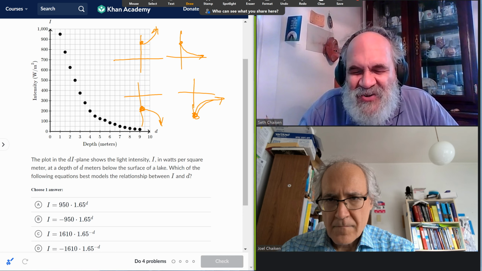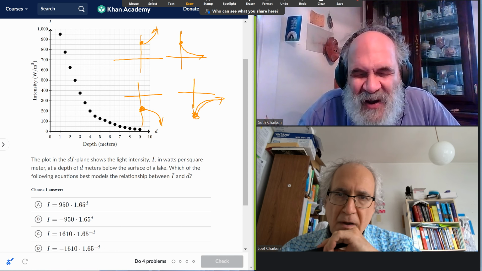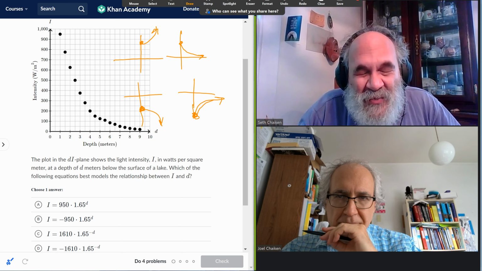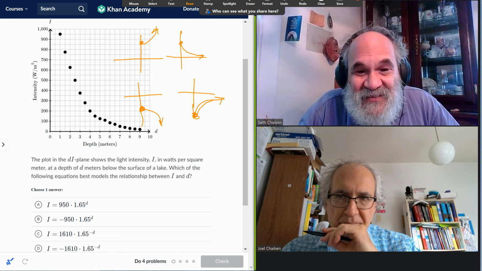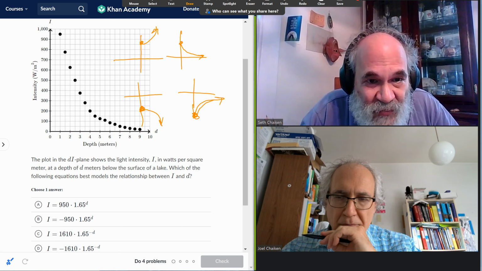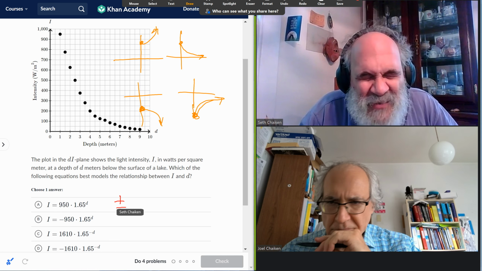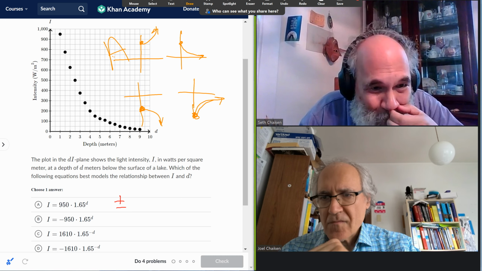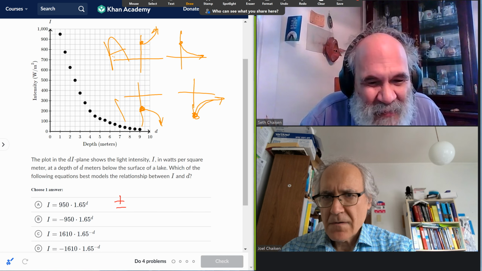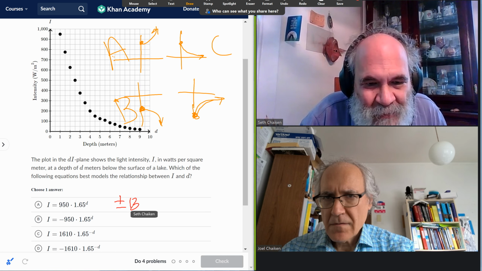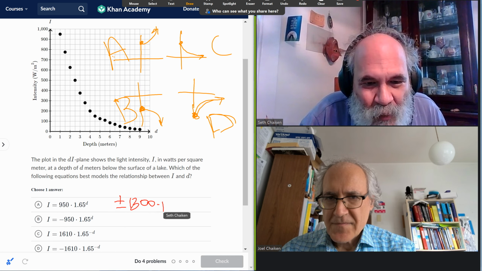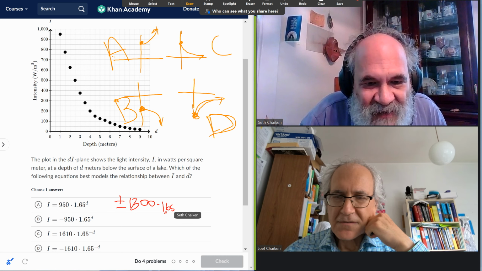The base of the exponential is common, 1.65, and the two cases are plus or minus d. So the 4 cases are plus or minus about 1,300 times 1.65.